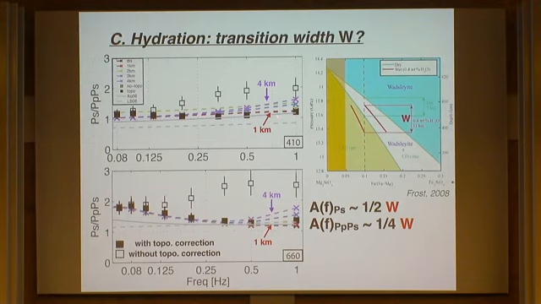It may not be a surprise that the 660 is quite sharp. But for the 410, depending on the water content, of course, the transition can be 10, 20 kilometers or so in width. But what we actually see here is that the transition width is quite sharp, even sharper than dry olivine with a magnesium number of 90.